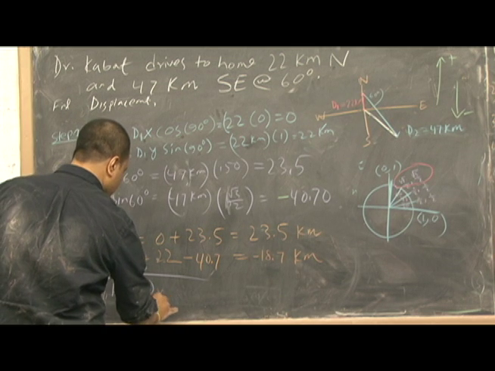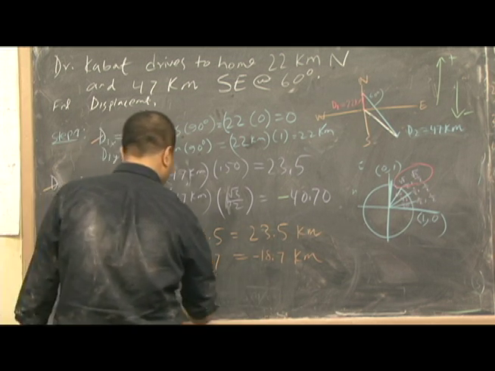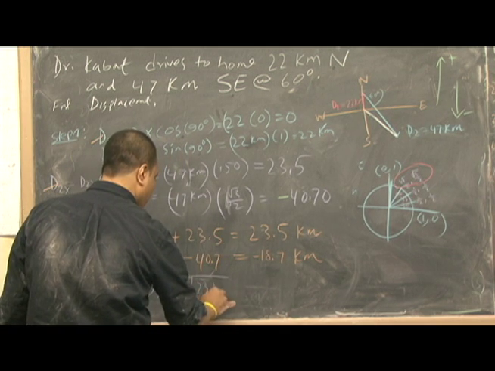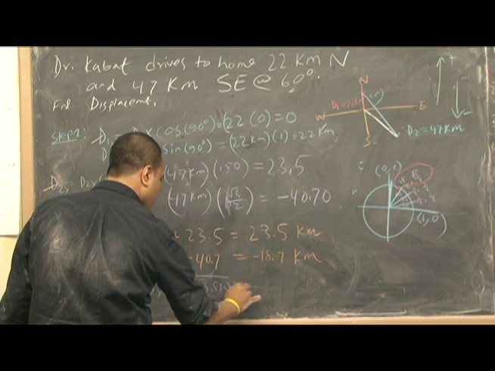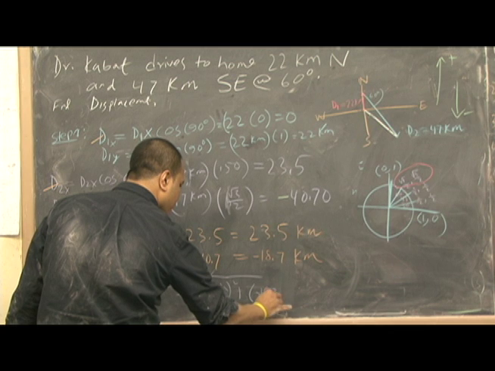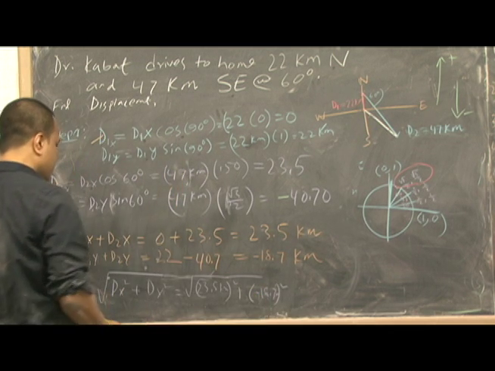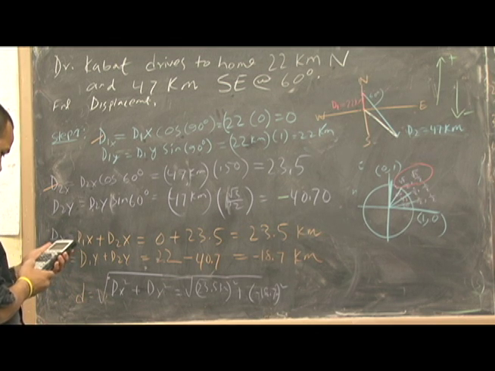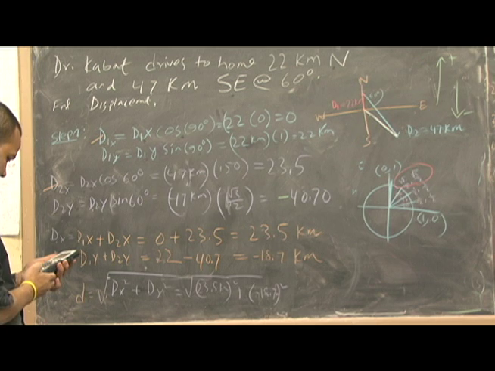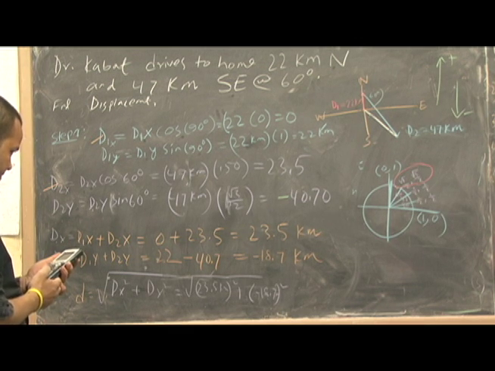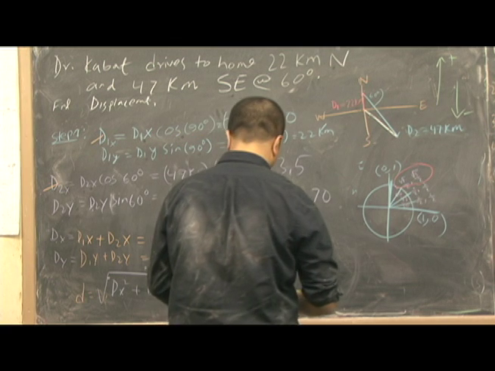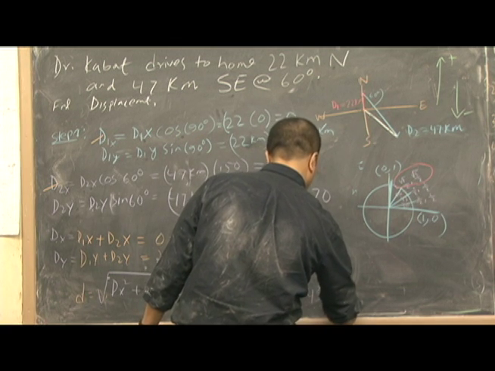So dx is 23.5 kilometer squared plus minus 18.7 kilometer squared. Taking the square root of that gives us 434 kilometer.